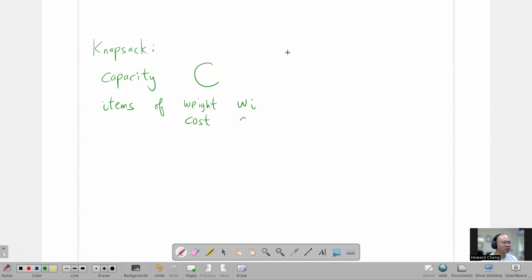Okay, let me use capital W for the total capacity. Some cost, CI, or some value, let's say.